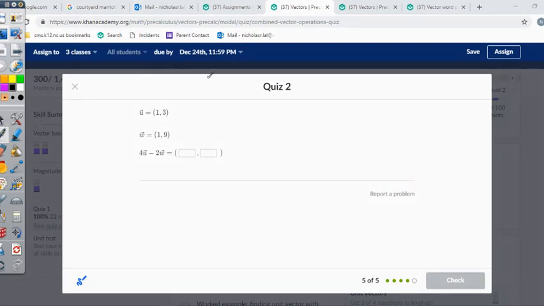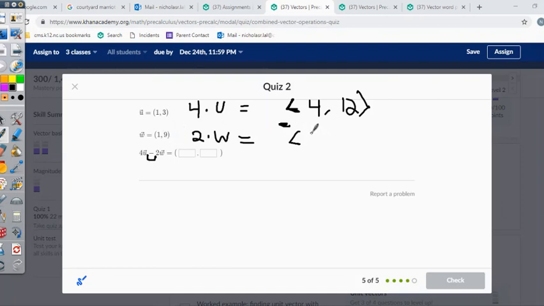4u minus 2w. So 4 times u is going to be equal to 4 times 1, which is 4, and 4 times 3, which is 12. And vector w, we're subtracting, remember, so we are subtracting 2 times w, that would be equal to 2 times 1 is 2, and 2 times 9 is 18.